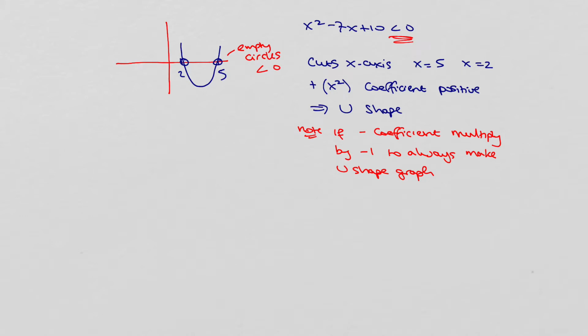Now, what does less than 0 mean? Well, less than 0 basically means that we're looking for where the graph is negative. And where is it negative? Well, it means where is the graph below the x-axis? Because that's where the y-coordinates will be negative.